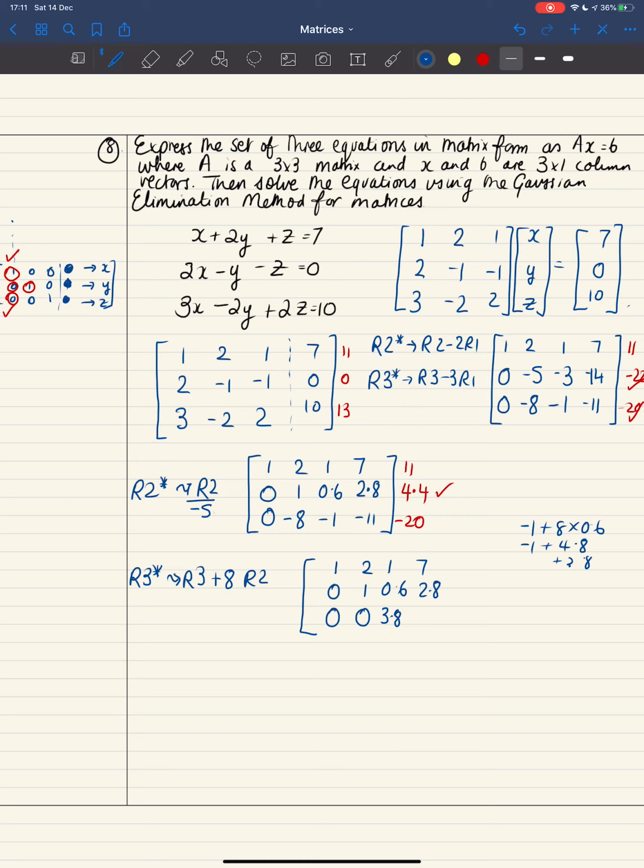And so this one is going to be minus 11 plus 8 times 2.8, so 2.8 times 8, 8 8s are 64, 22.4 minus 11, 11.4. And if we've got this right, that one stayed as it is, that one stayed as it is, so it's this one: row 3 plus 8 row 2.